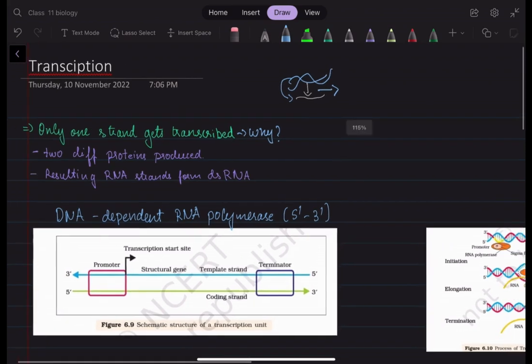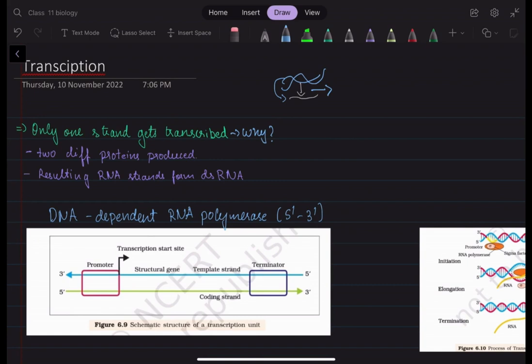The only difference here is that we will have uracil instead of thymine. So wherever there is A in the DNA, the complementary base will be U in the mRNA, that is the uracil and not thymine.